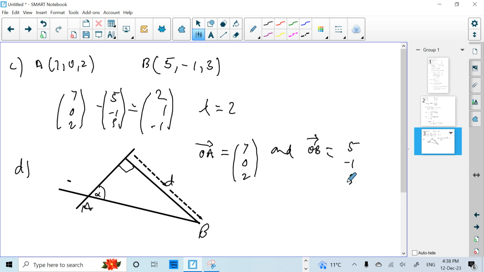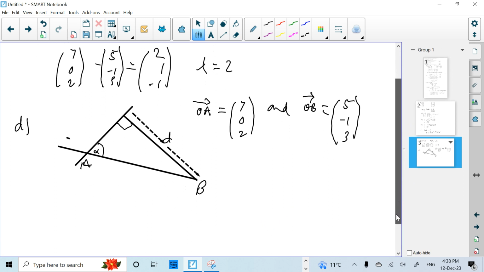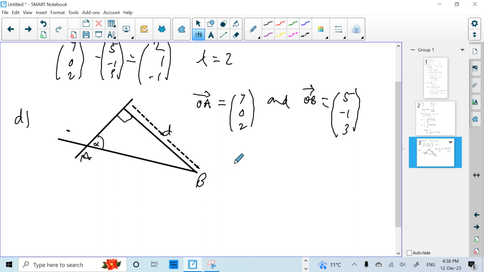And I want BA, the vector BA, which is going to be equal to OA minus OB.